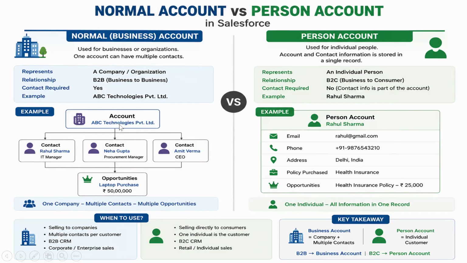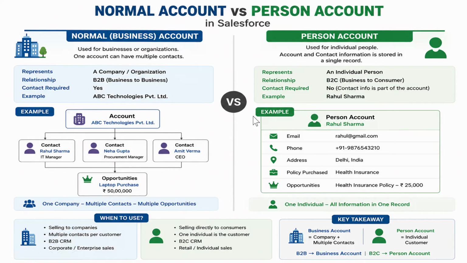Let's suppose there is an account called ABC Technologies Private Limited with whom we are doing business. And there are some related contacts for them, like Rahul Sharma, Neha Gupta, Amit Verma, and so on. Then we create an opportunity. So in a normal business account, one company has multiple contacts and multiple opportunities.